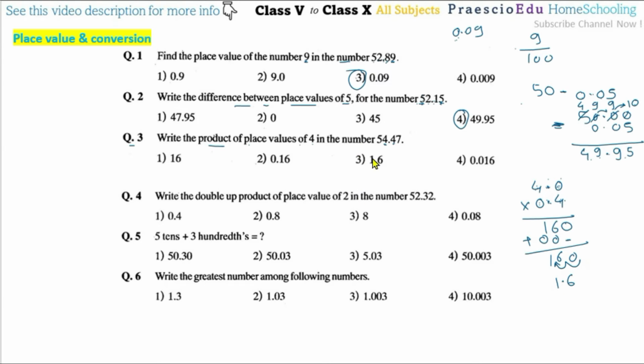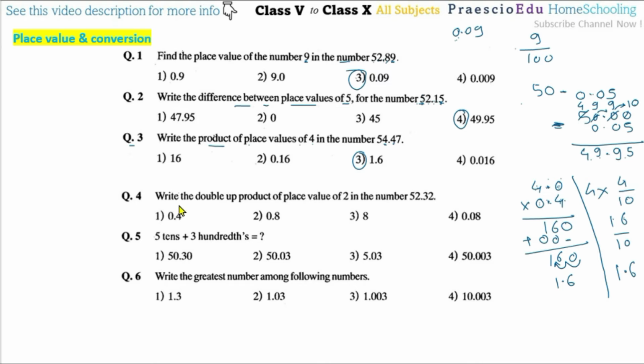So 1.6 is given in option number 3. Or in another way we can do the multiplication, means 4 multiplied by 0.4, which is 4 by 10 also. So 4 multiplied by 4 is 16, and this 10 as it is. So now 16 divided by 10 gives 1.6. This is also another way.